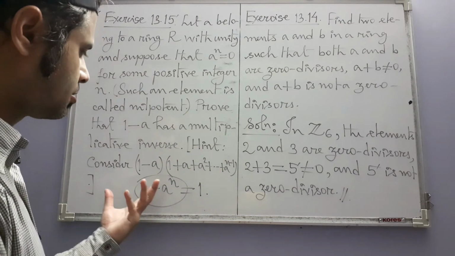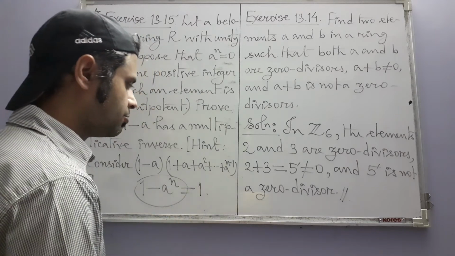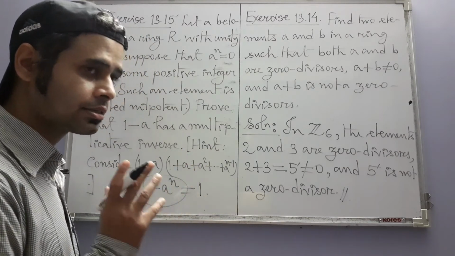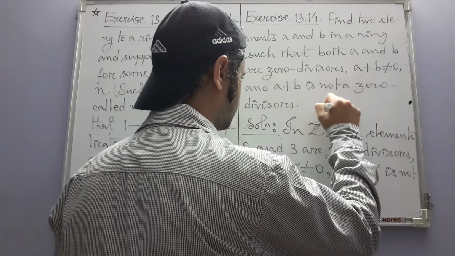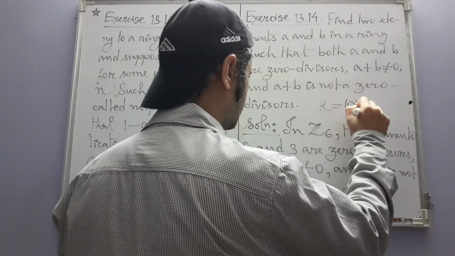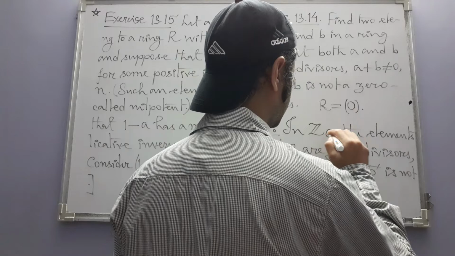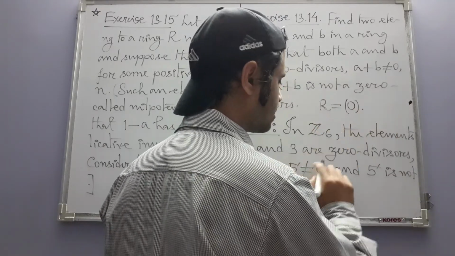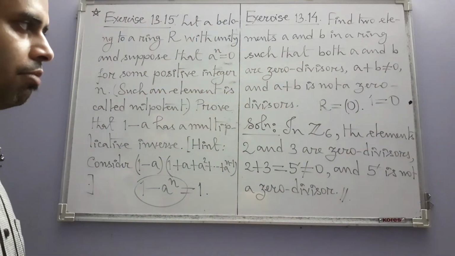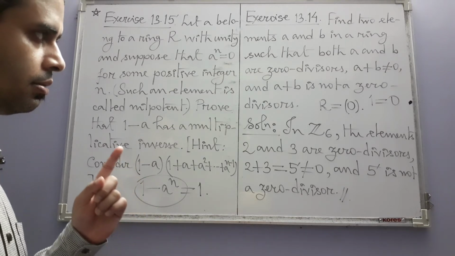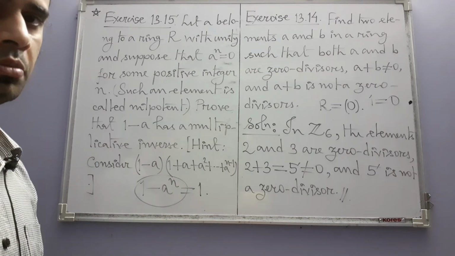Why I was hesitating to conclude this is because I am more used to the things in Herstein's Topics in Algebra, where Herstein allows us to have the zero ring, and in particular, according to Herstein, which also makes sense, although it creates a silly example, 1 can be equal to 0. 1, by the definition of a unit element, is an element in the ring such that if you multiply any element of the ring with 1, you get that element back.